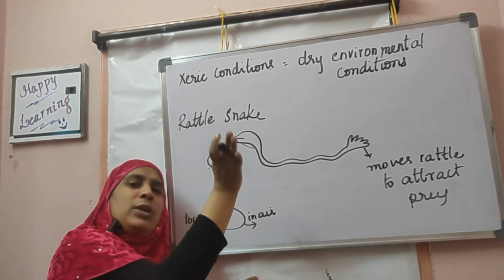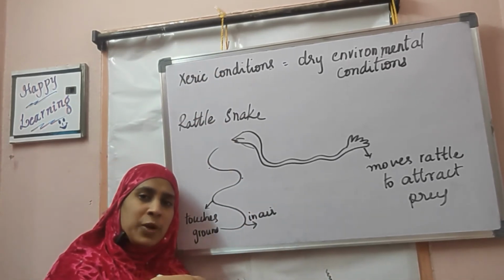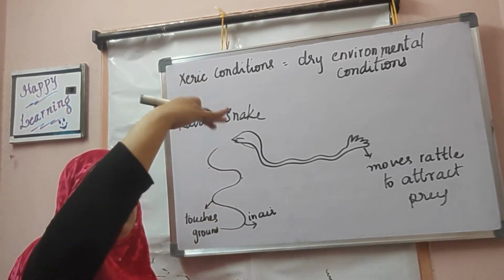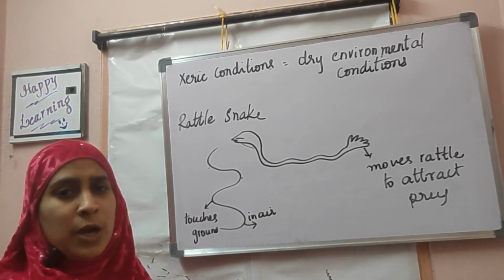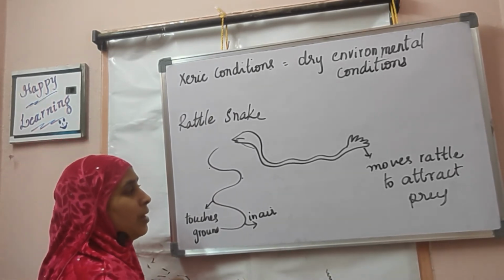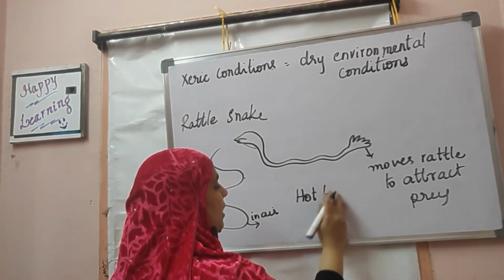It touches the ground and moves the body in the air. Whenever it touches the ground, it applies pressure on the body, with which it moves forward, and a very small part of the body touches the sand. In that way it avoids the hot sand.